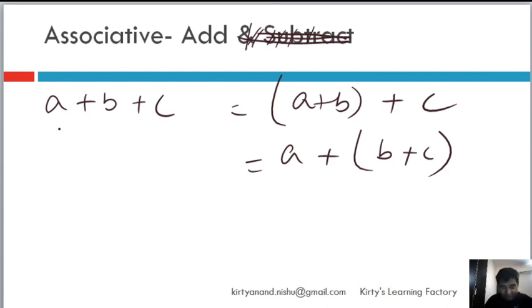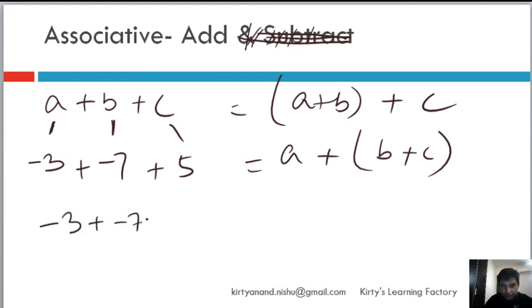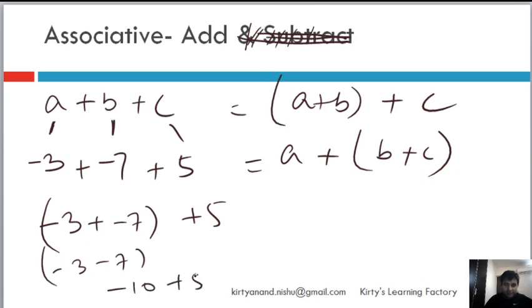Let me give you an example. Let's take a as minus 3, b as minus 7, and c as plus 5. So basically let's do a plus b first. Minus 3 plus minus 7, plus 5. This is minus 3, minus 7, which is minus 10, then plus 5. What is it? Minus 5. Cool.